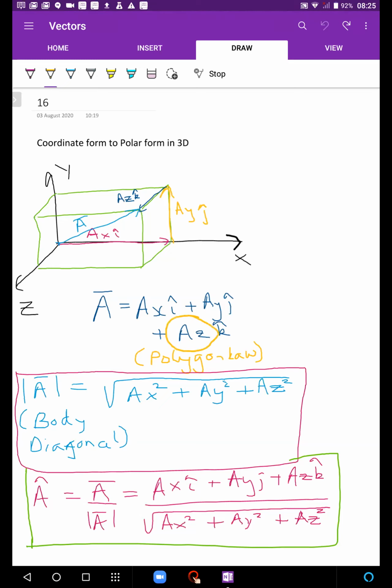It's the vector's magnitude that is included, AZ square. It's dependent on all three. If AX is 1 and AY is 2 and AZ's magnitude is 3, then the magnitude of this vector 1 I cap plus 2 j cap plus 3 k cap is going to be root 1 square plus 2 square plus 3 square.